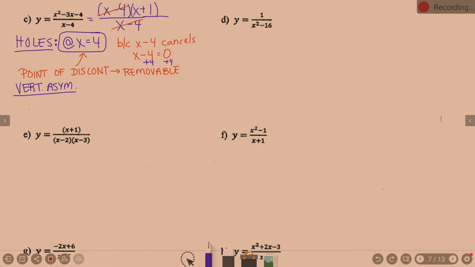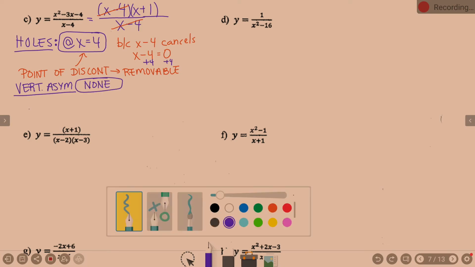But what happened to our denominator in the last part of the problem? It got canceled. So here's the deal, guys. You cannot have a hole and an asymptote at the same place. It's one or the other. Since there's a hole at x equals 4 and there's no other denominators, guess what? No vertical asymptotes.